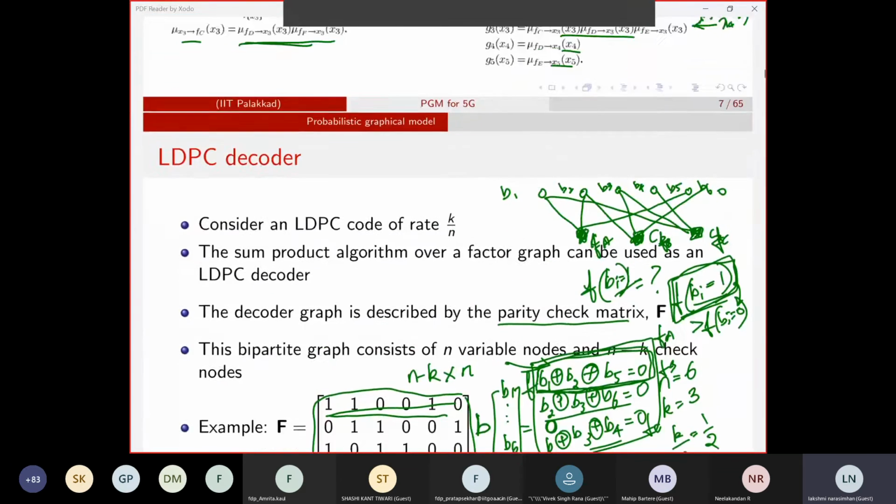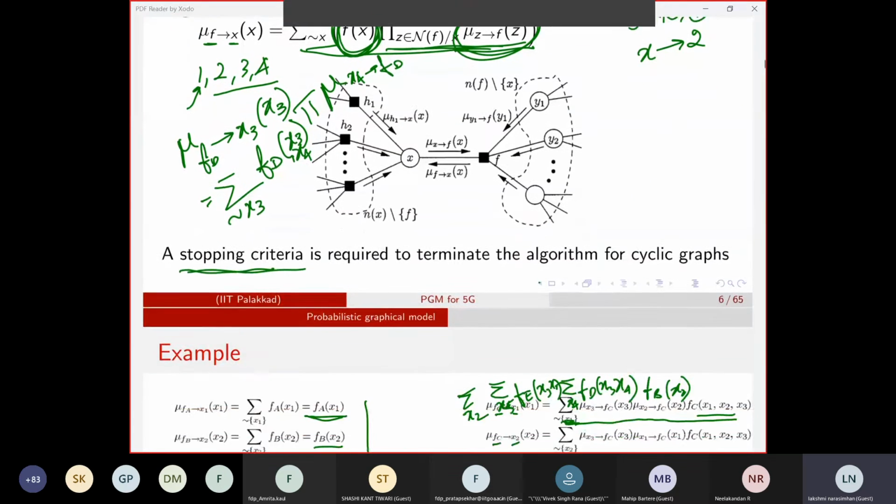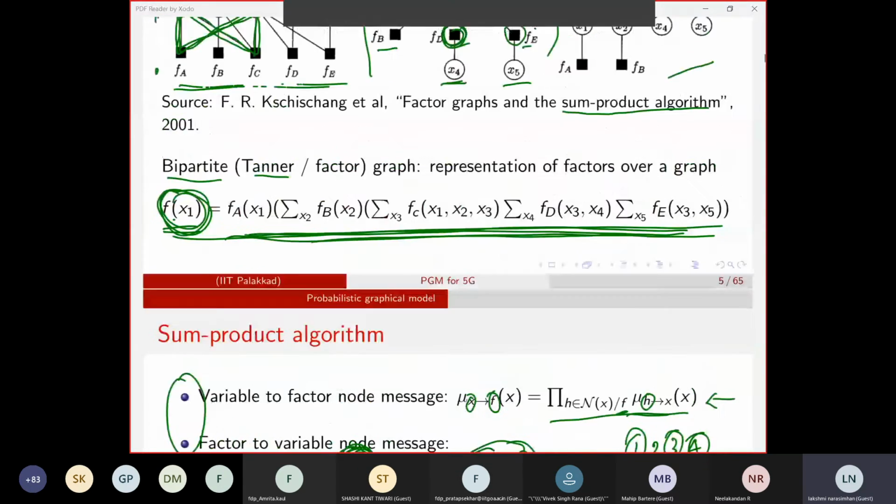Remember, the message that we had here is multiplied with the prior probability. That is a message from the variable nodes and the likelihood that you compute here. So the interesting thing is you're multiplying prior probability with the likelihood that you're computing here, which means essentially this algorithm performs a posterior probability calculation.